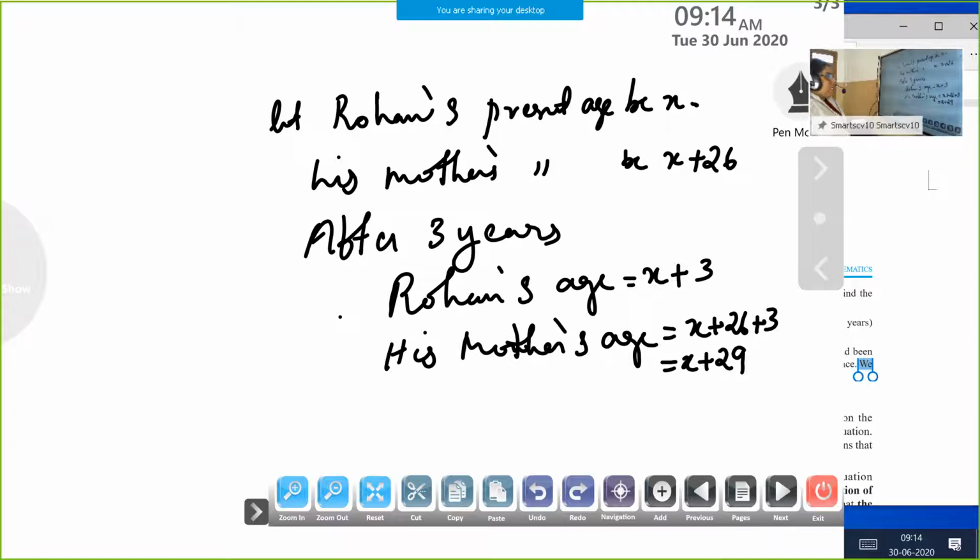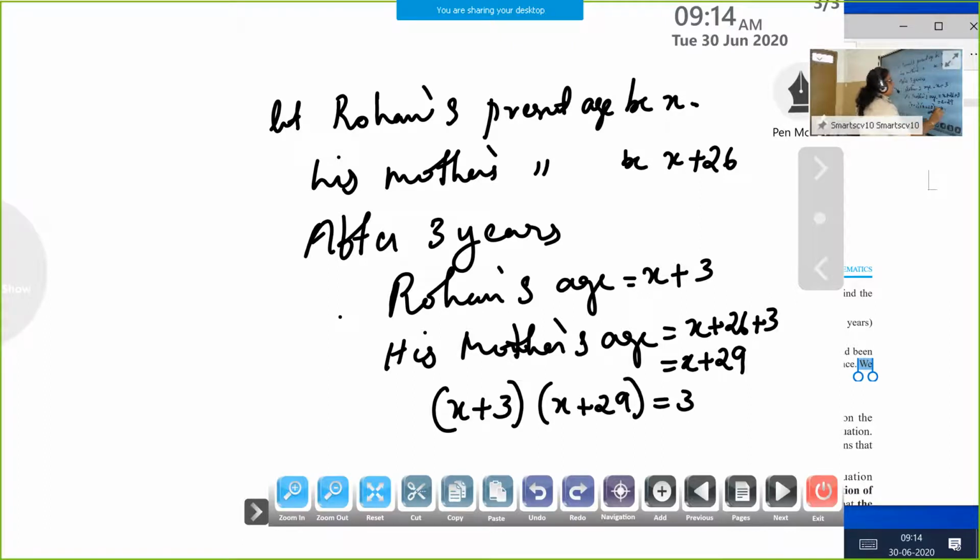According to our question, the product of their ages after 3 years, x plus 3 into x plus 29, is equal to 360. That is the condition.